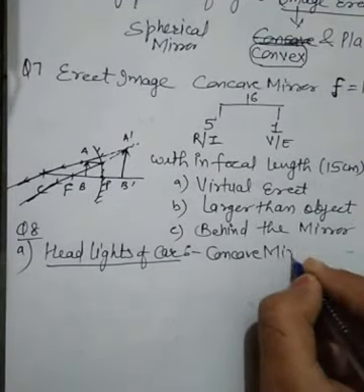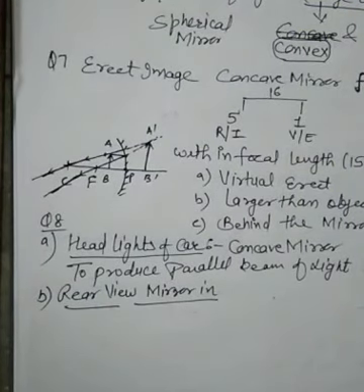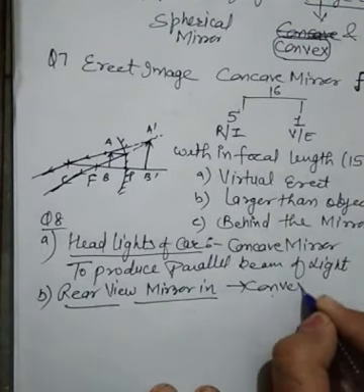Now question number 8, part B, rear view mirror. You may also tell if you have seen the previous video in a proper way. The rear view mirror in vehicles, I have taught you in the previous video, not in this one. For the rear view mirror, we use a convex mirror. Why convex?